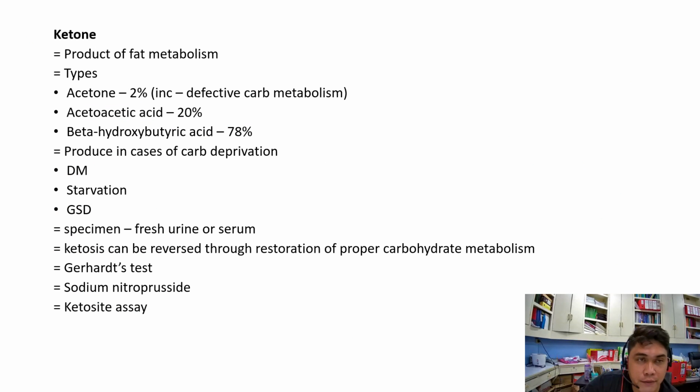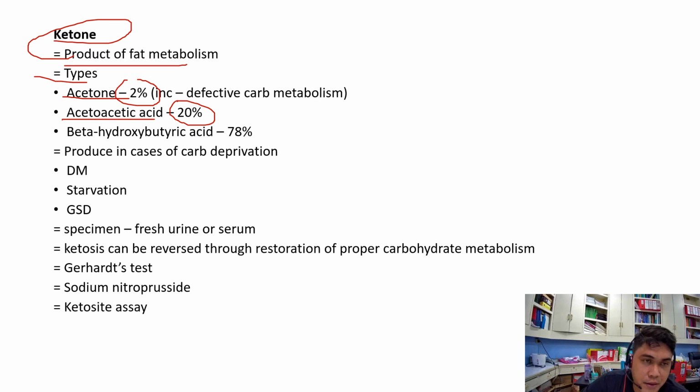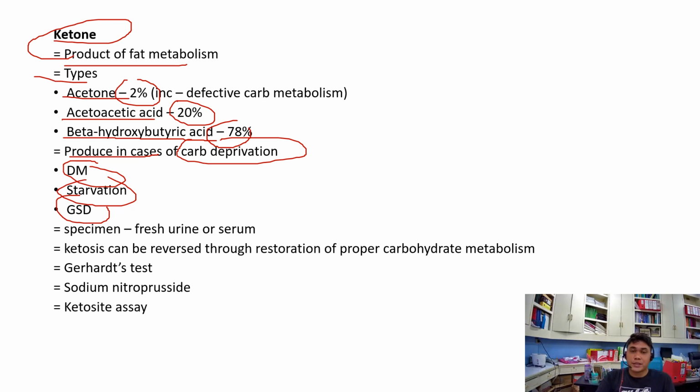Then last, you have your ketone. Ketone is a product of fat metabolism. The types are acetone 2%, acetoacetic acid 20%, and beta hydroxybutyric acid 78%. They are produced in cases of carb deprivation, DM, starvation, and GSD, glycogen storage disease.